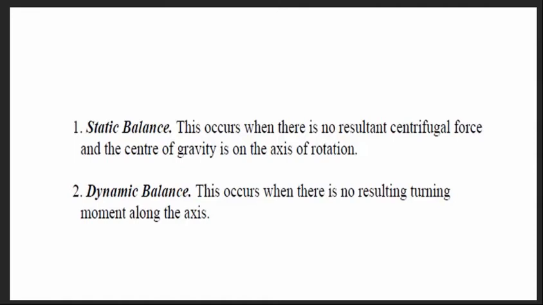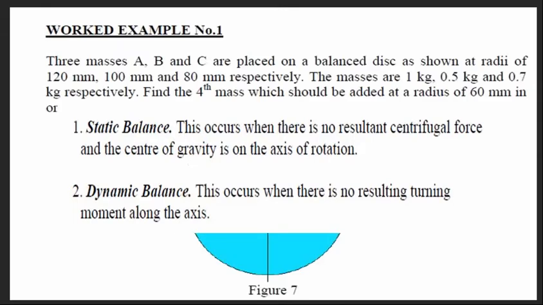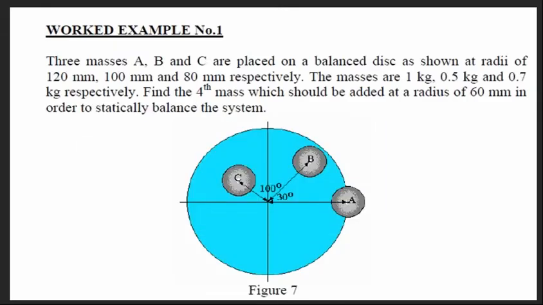Static balance has to do with the forces, whilst dynamic balance has to do with the moments. As you can see on the screen, I've put in the correct definitions. So let's roll through the example, and this should be interesting.